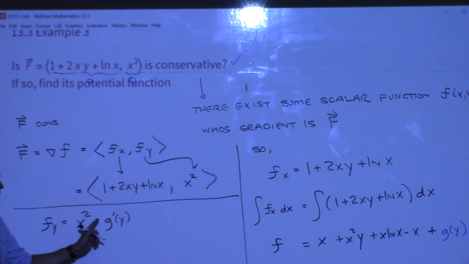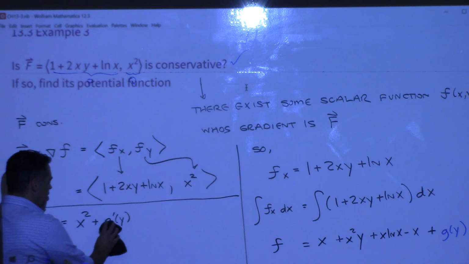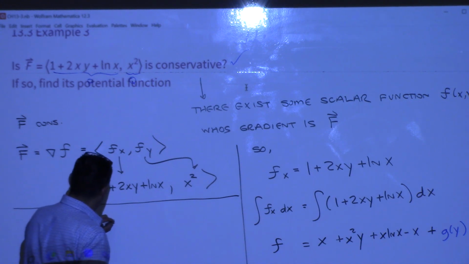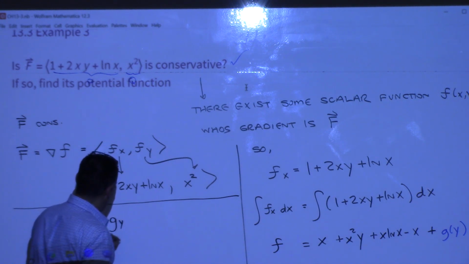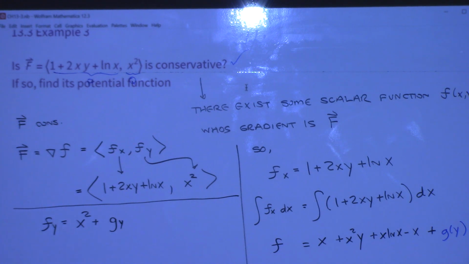It doesn't. What would be a better notation than this? G subscript y. That would be the derivative of g with respect to y, because I'm differentiating with respect to y here, right? So I'm going to change that notation. You could use it, but I'm going to change it to g subscript y. I'm taking the derivative of g with respect to y.